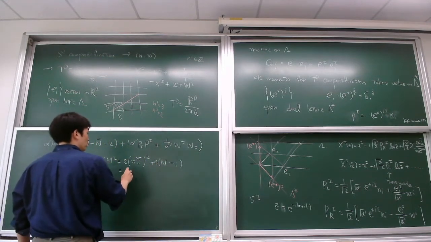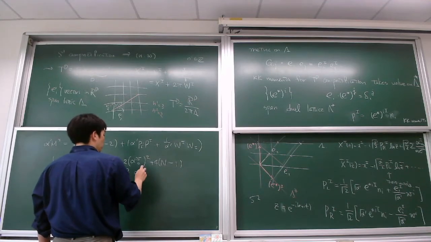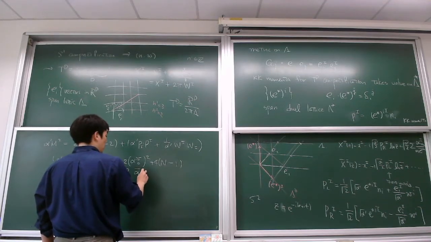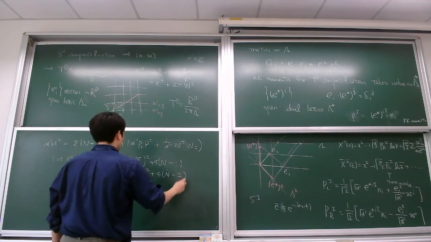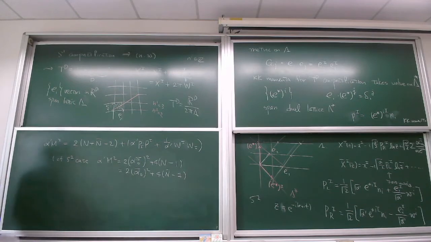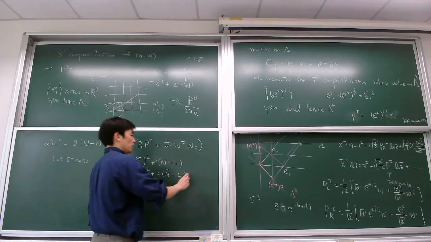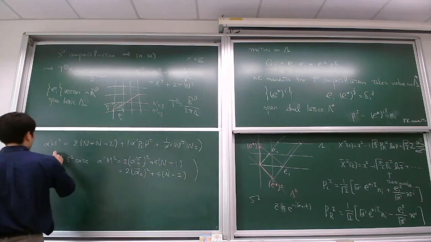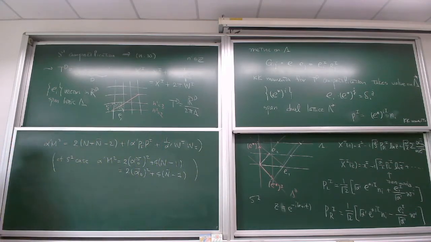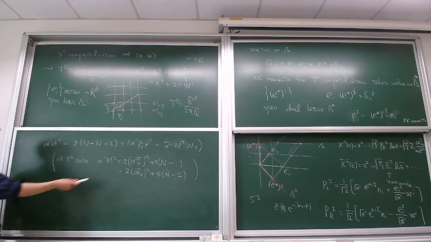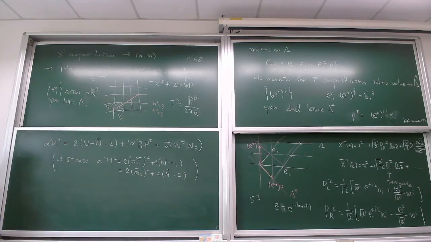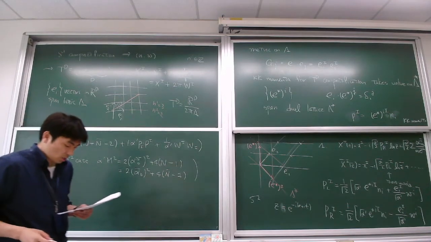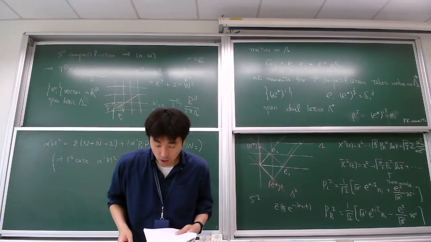And this is also true for the right movers, alpha 0 bar squared plus 4 N bar minus 1. Okay. And if you sum them up and divide by 2, you get this when you set d equal to 1. Do you understand? So if you just sum them up and divide by 2, you get this.